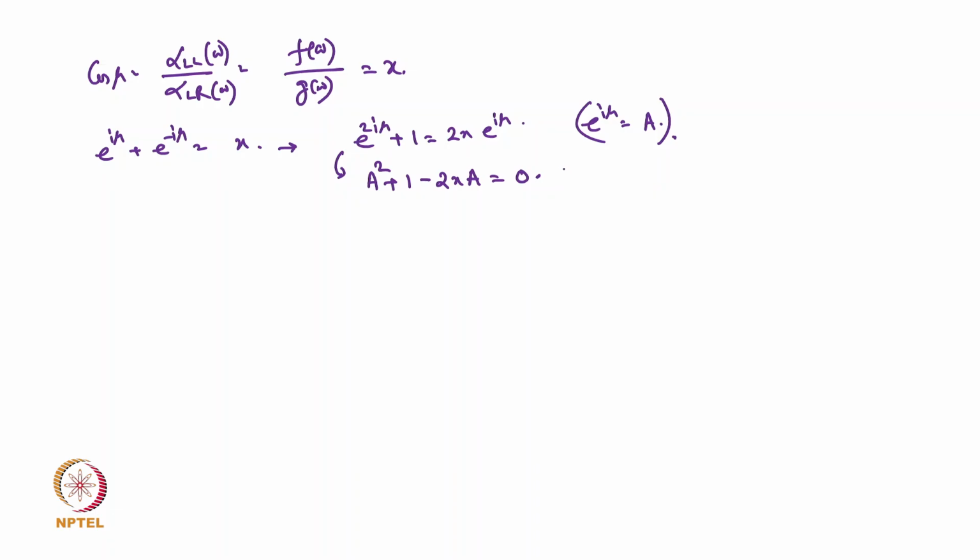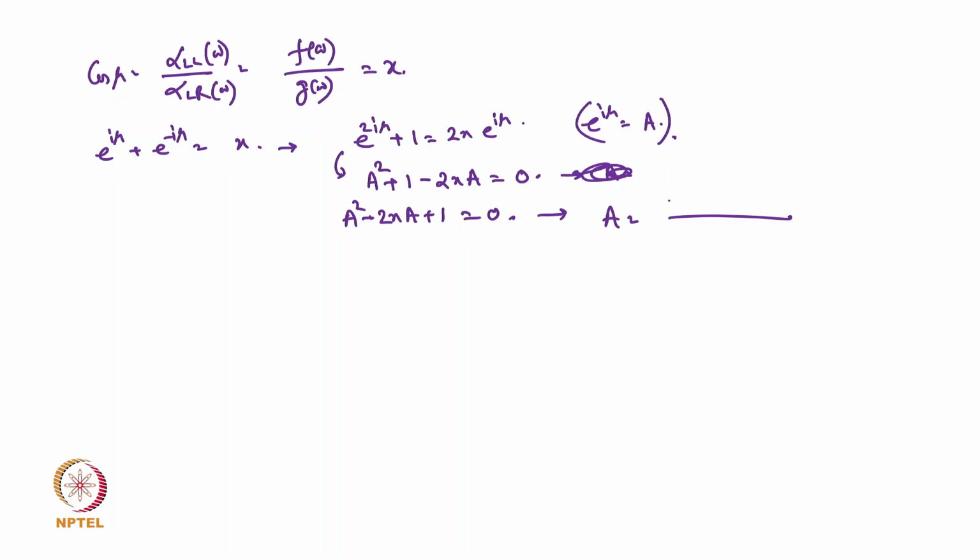We all know this is basically a quadratic equation, that is a square minus 2xa plus 1 equal to 0. So what is the solution, not x here, a here?